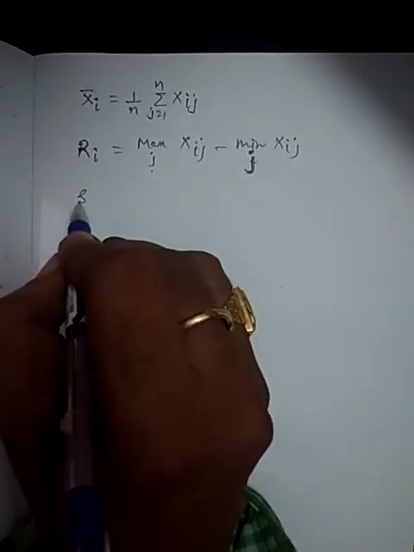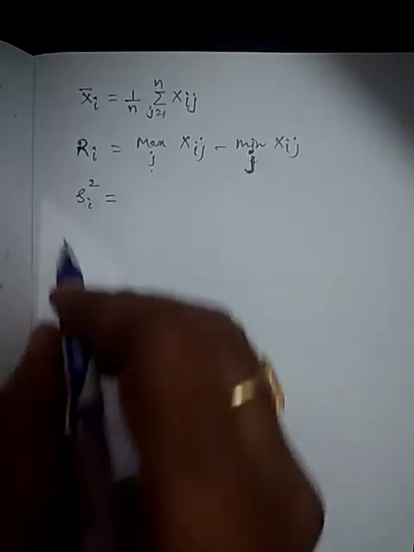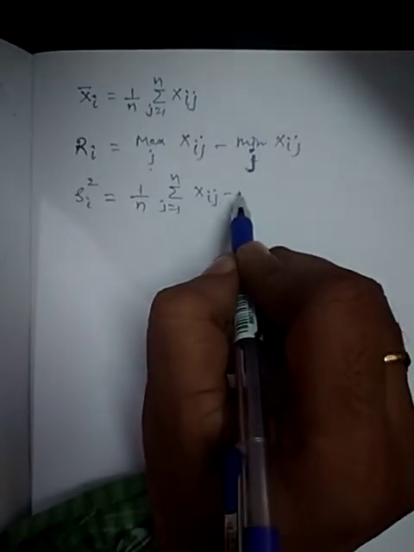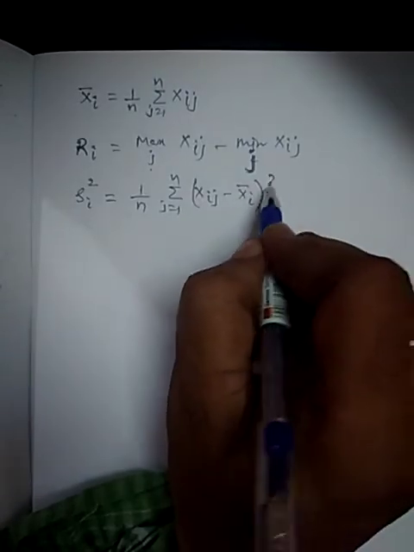And similarly Si. We calculate Si square and then we take the square root. The formula is 1 by n summation j is equal to 1 to n of xij minus x bar i, the whole square.